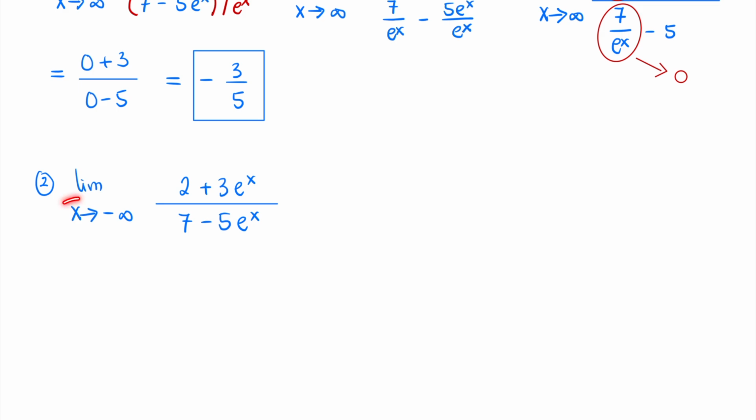So 3e to the x approaches 0, since 0 times 3 is 0. And as x approaches negative infinity, 5e to the x approaches 0.